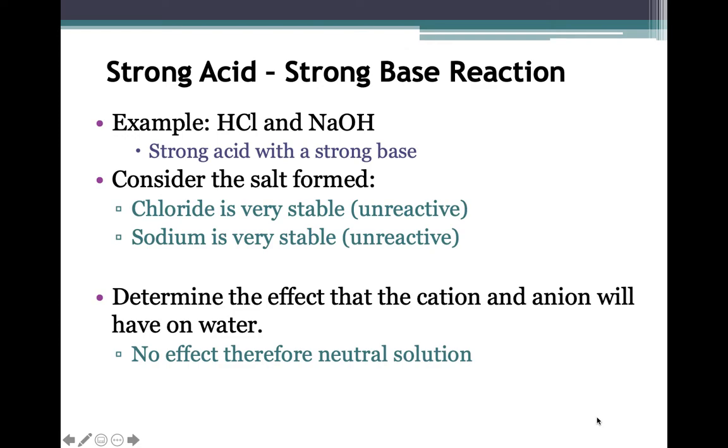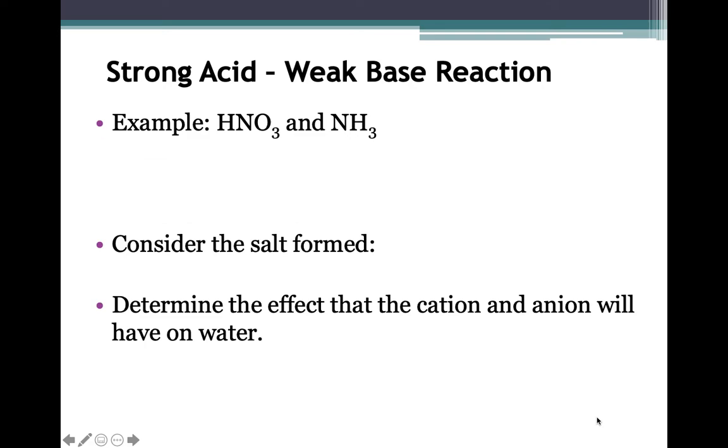The problem lies when we have a reactive product, and we're going to go through those two situations next. Again, look at your reactants, and that's where we always start. We have to identify whether HNO3 is strong or weak, and whether NH3 is strong or weak. Nitric acid is a strong acid, and NH3 is a weak base, as you can see with the title of this slide.